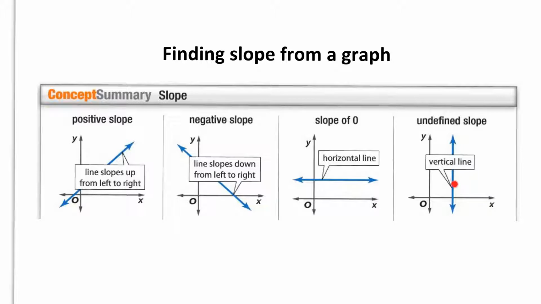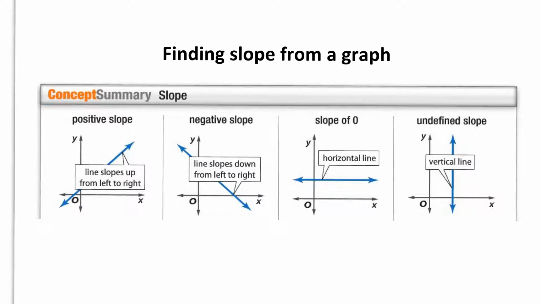And if you have a vertical line, up and down, straight up, straight down, that's going to be undefined. We don't know what the slope is. That's why we use the word undefined. So vertical line is undefined. Horizontal line is zero slope. Negative is when you go down. Positive slope is when you go up.